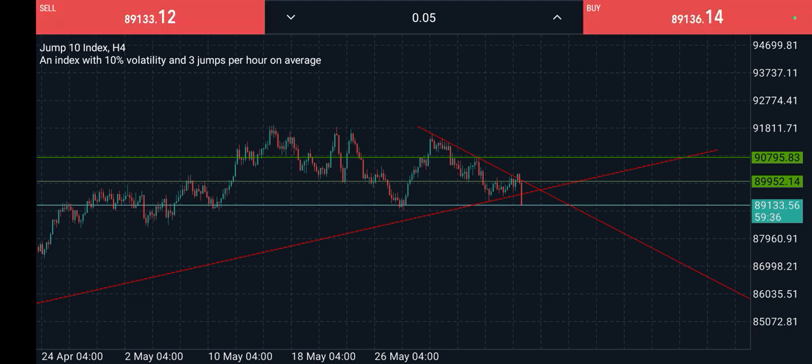Here we have 89130.71, 0.90, 0.44 at the sell side. You see that 0.40, 47, 93. That is what pips means. It is a calculation of price movement. You understand?